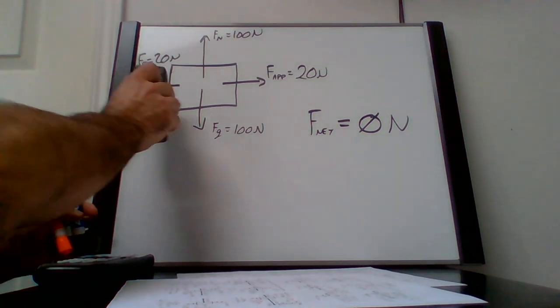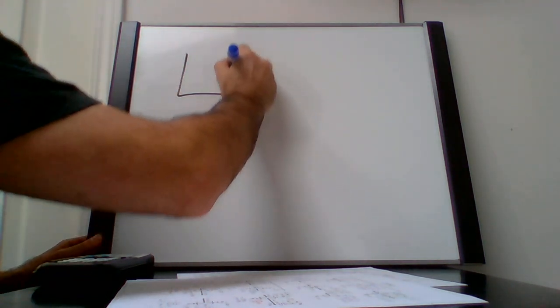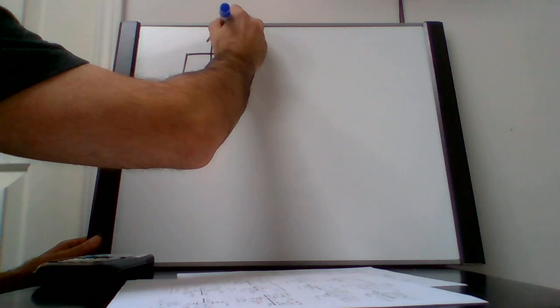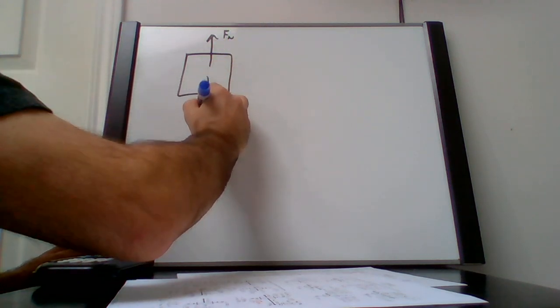Let's take a look at the second set here on this page. We are asked to find the missing blanks. I do believe there's a typo on this page, but let's take a look at this here. We have a block, F normal, F of gravity.